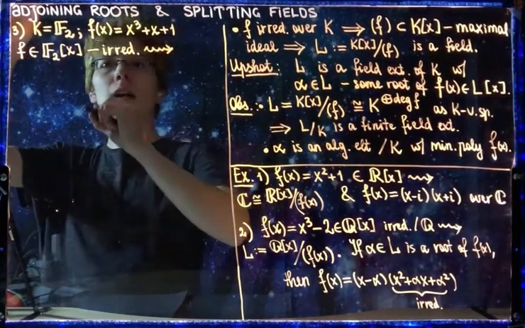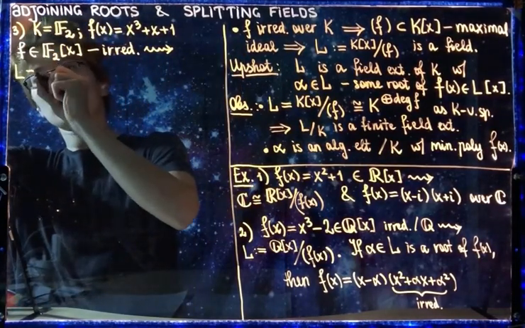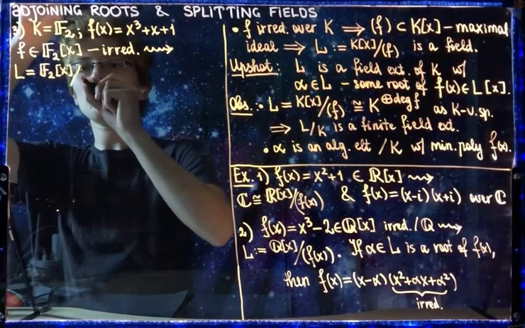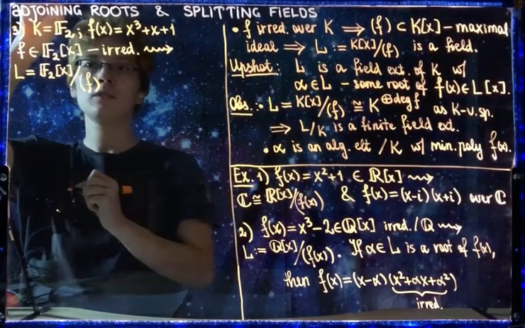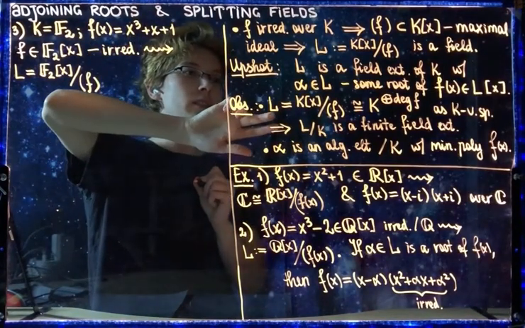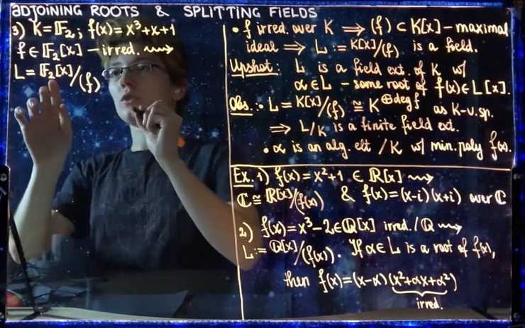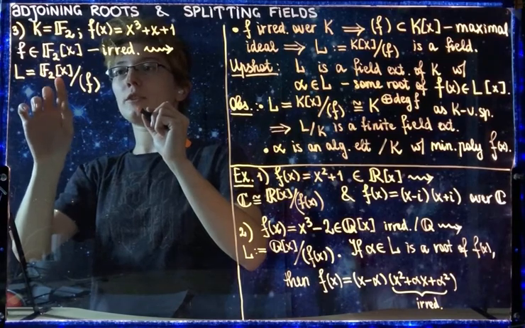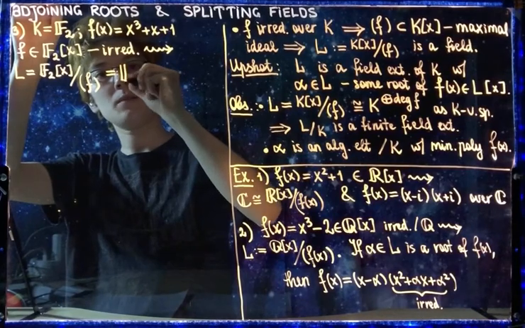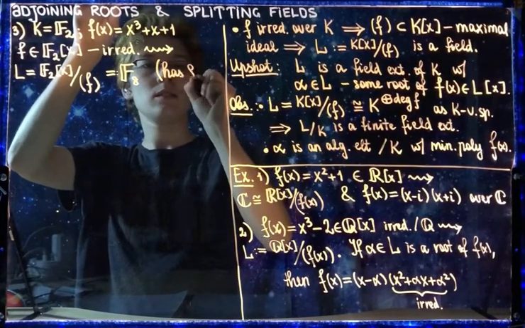Then, applying the same construction, I get the field extension L, F2 adjoin x mod out by the ideal generated by f. The degree of f is 3, so I have that L is an extension of degree 3 over F2. So we have a three-dimensional vector space over F2, and therefore it has 8 elements, and I denote this field by F sub 8 because it has 8 elements.